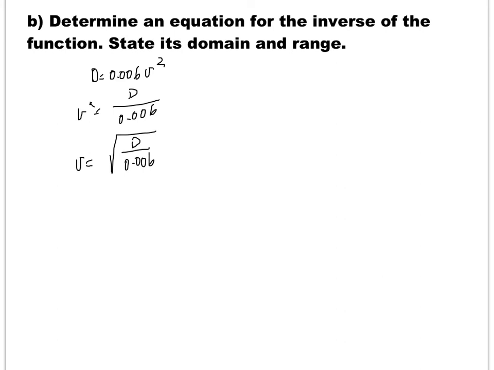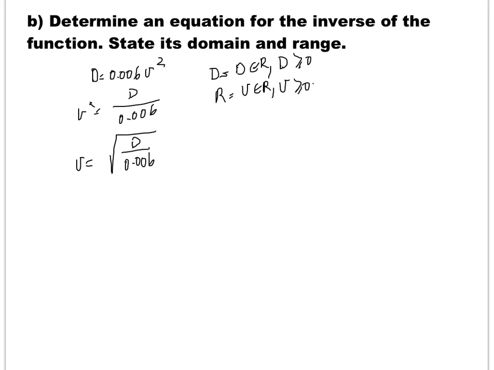Now you may be tempted to say plus or minus, but since the domain of the function d previously we found was d in R, and d has to be greater than or equal to 0, and range was v in R, and v has to be greater than or equal to 0.